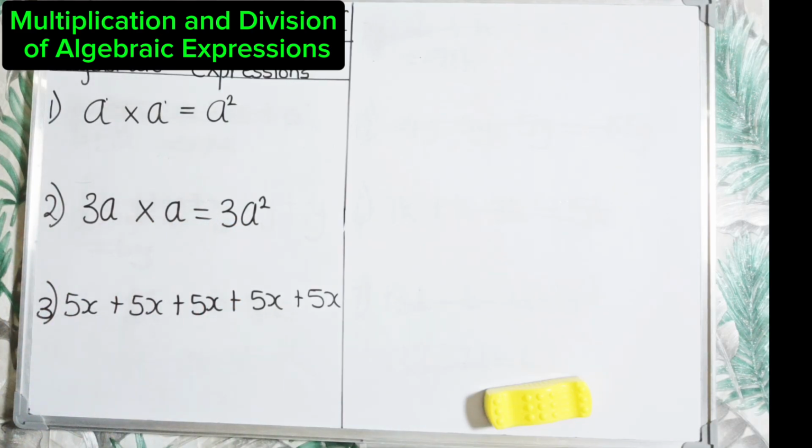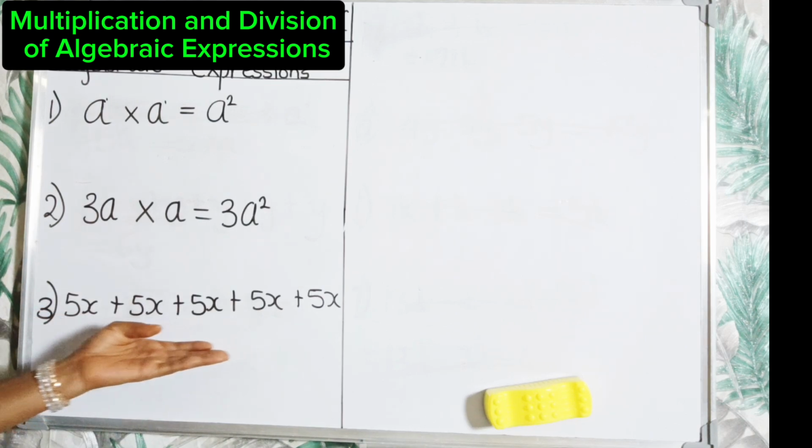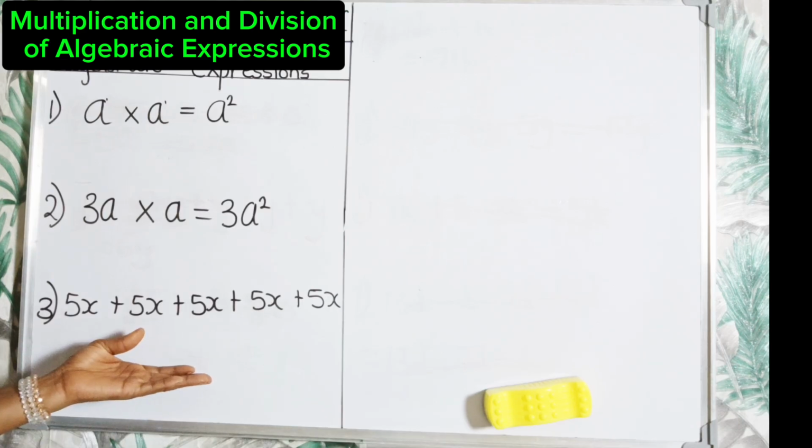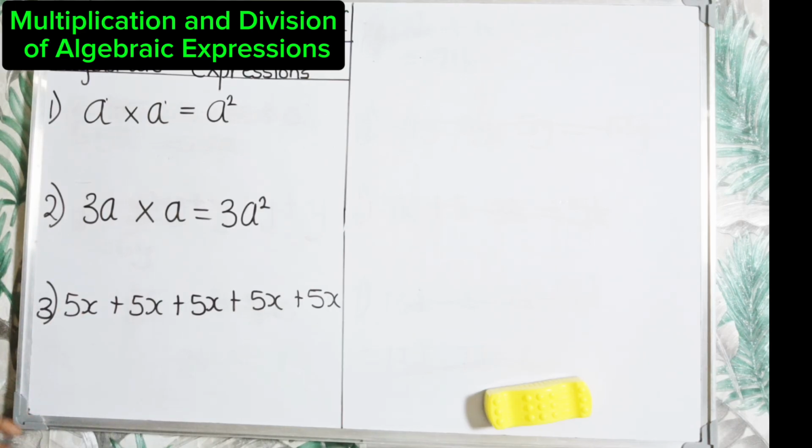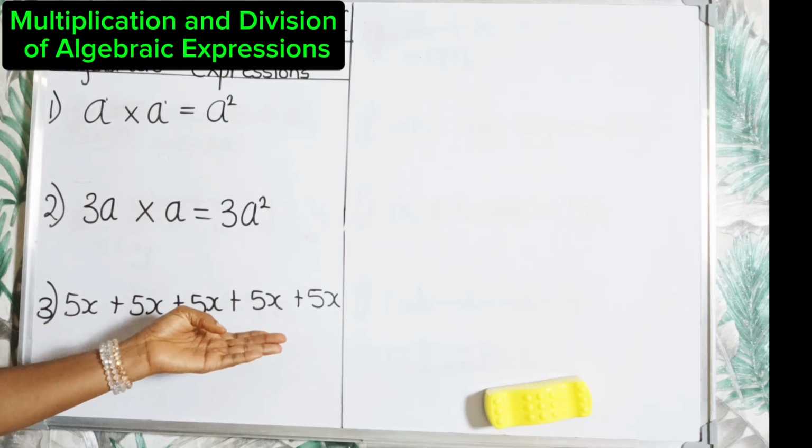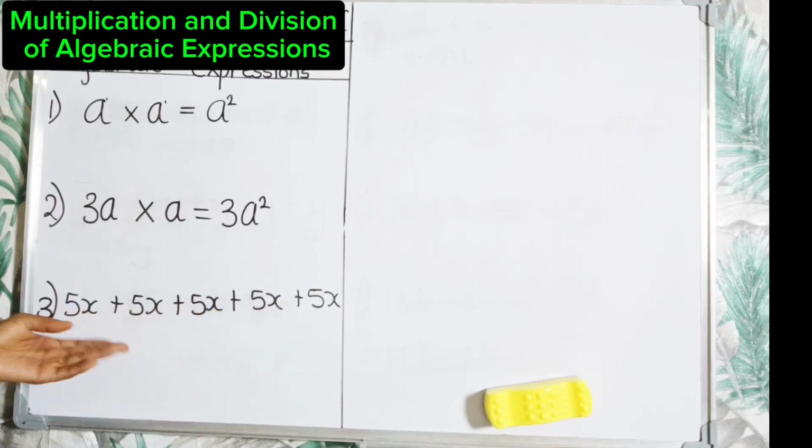Now, multiplication of algebra can also be looked at as repeated addition. Multiplication can be described as repeated addition. What do I mean? Here we have 5x plus 5x plus 5x plus 5x plus 5x. This is repeated addition.